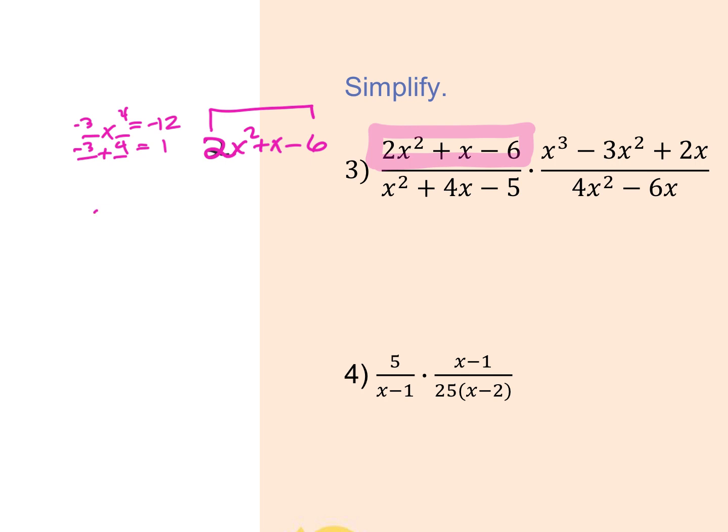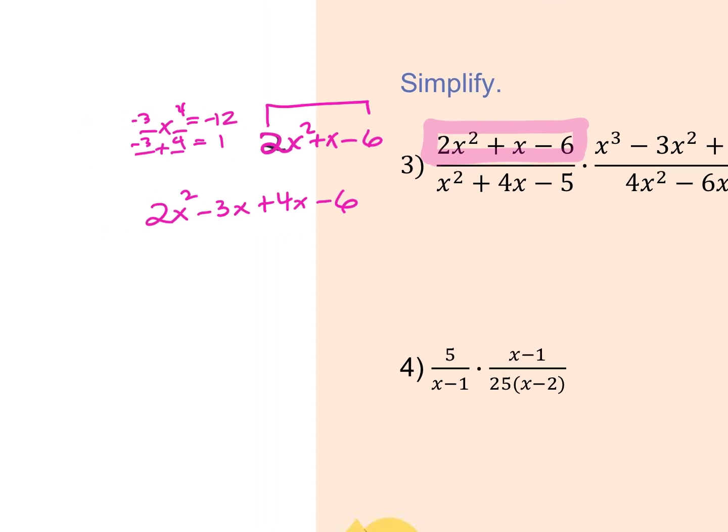So now I'm going to rewrite the first term, replace the middle, that positive x, with the two factors I just found. Doesn't matter the order you put them in. And now I have to factor by grouping. I'm going to make my two groups here. My greatest common factor of my first group is x. So then I'm going to divide. And then my GCF of the second group is going to be a 2.